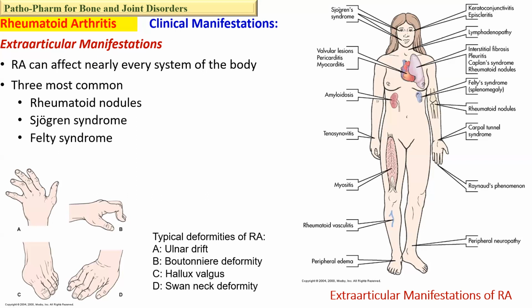Sjögren's syndrome occurs in about 10 to 15% of patients with rheumatoid arthritis. It can occur as a disease by itself, or in conjunction with arthritis disorders like this one.